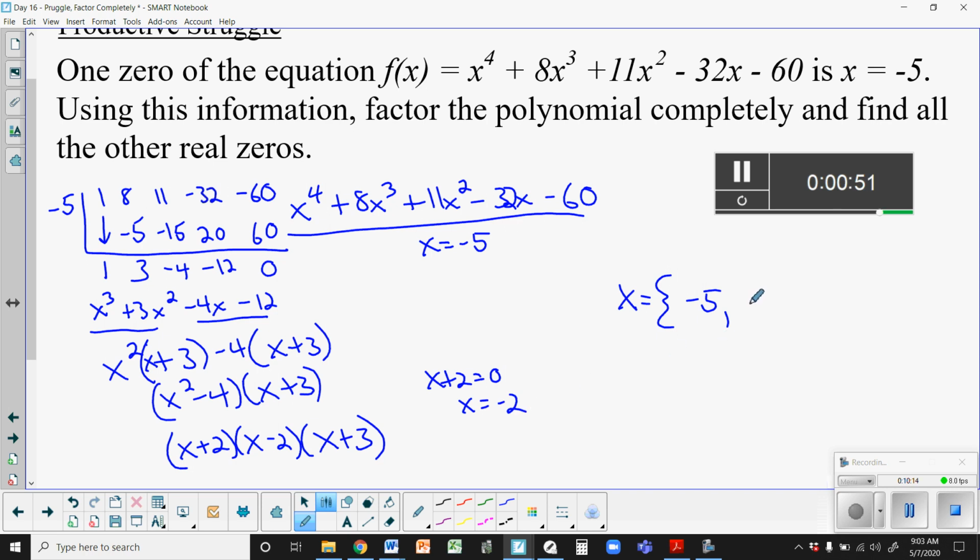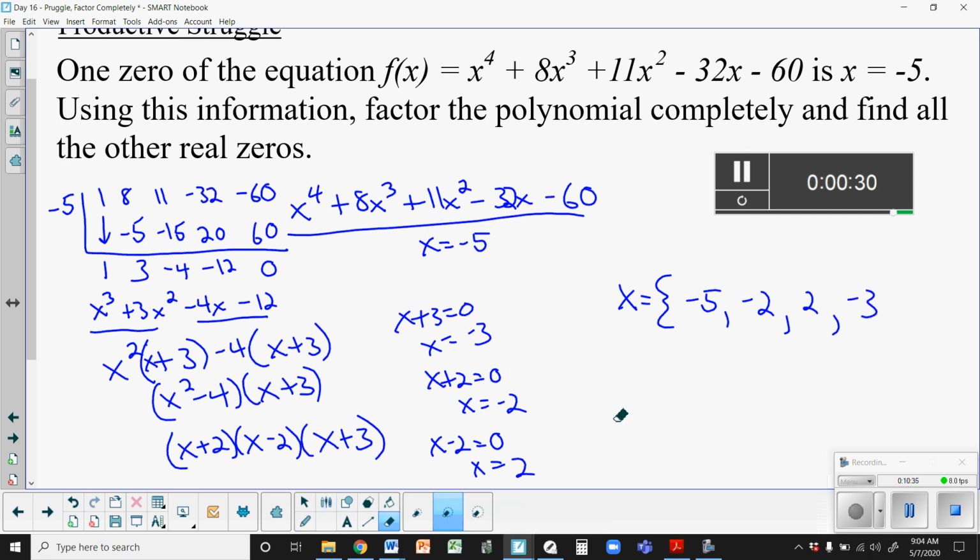And then x minus 2 equals 0, so that would be x equals +2. And then, oh, we got another one here, x plus 3 equals 0, x equals -3.